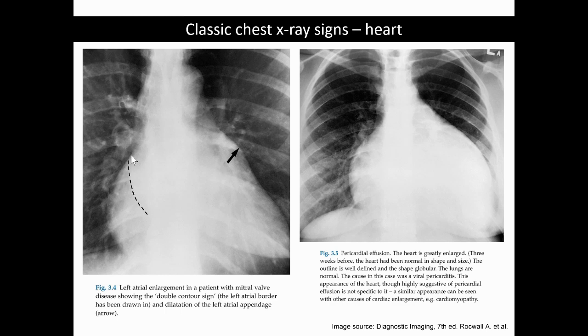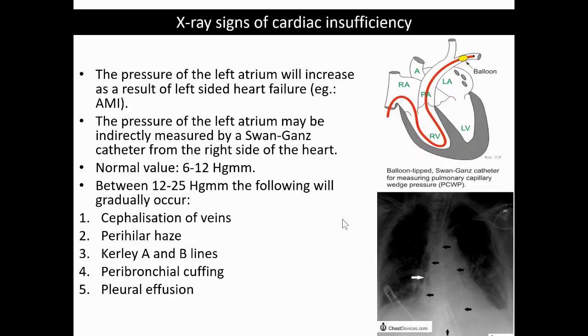And if it becomes that big, then the edge of the left atrium will become visible on the right hand side. That's what this second line is showing you. If there is considerable amount of pericardial effusion, then the heart will assume this soccer ball shape, but it is quite rare.